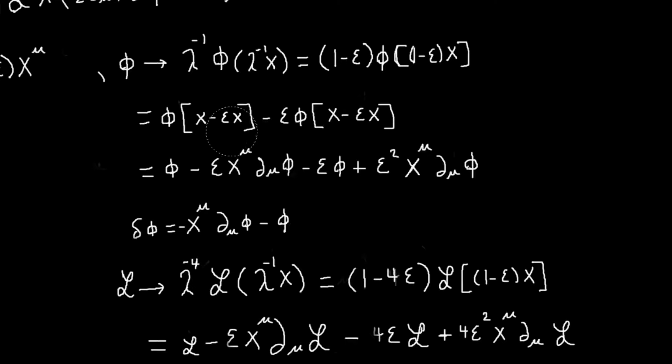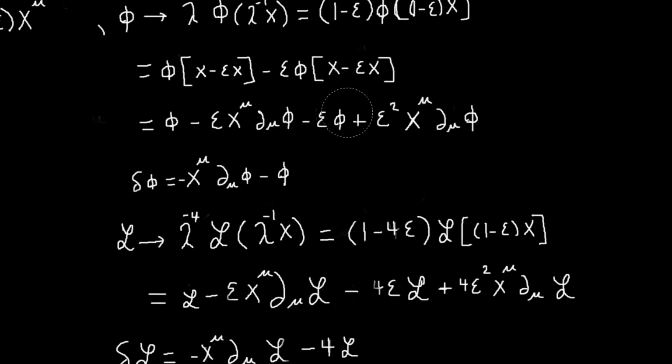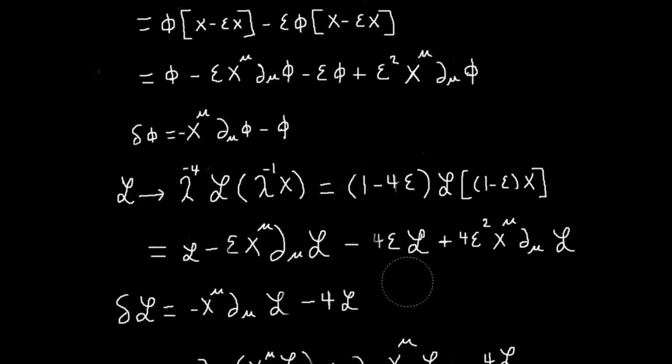It's very similar to this. So instead of 1 minus epsilon, we can Taylor expand this as 1 minus 4 epsilon. And so things work out the same way. We just get 4s here in these two terms. And so that leads us to our change in the Lagrangian of this.